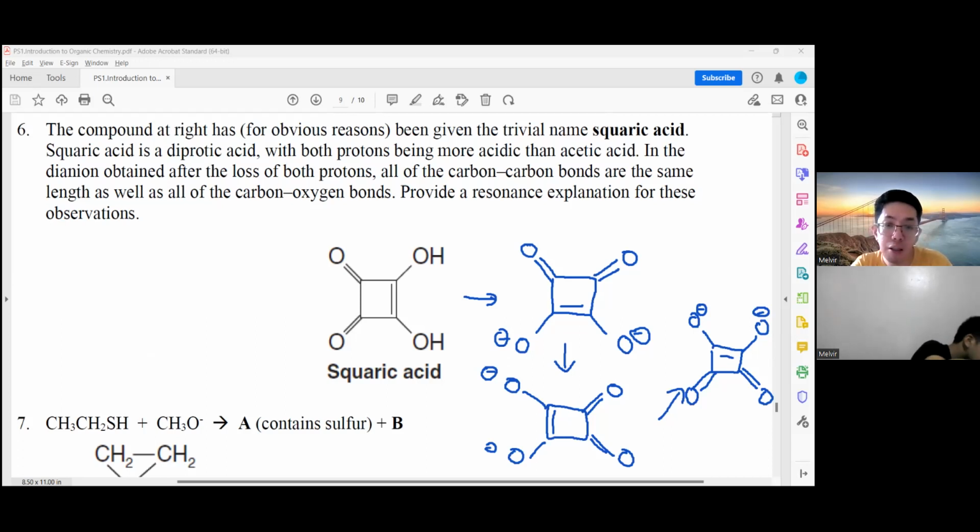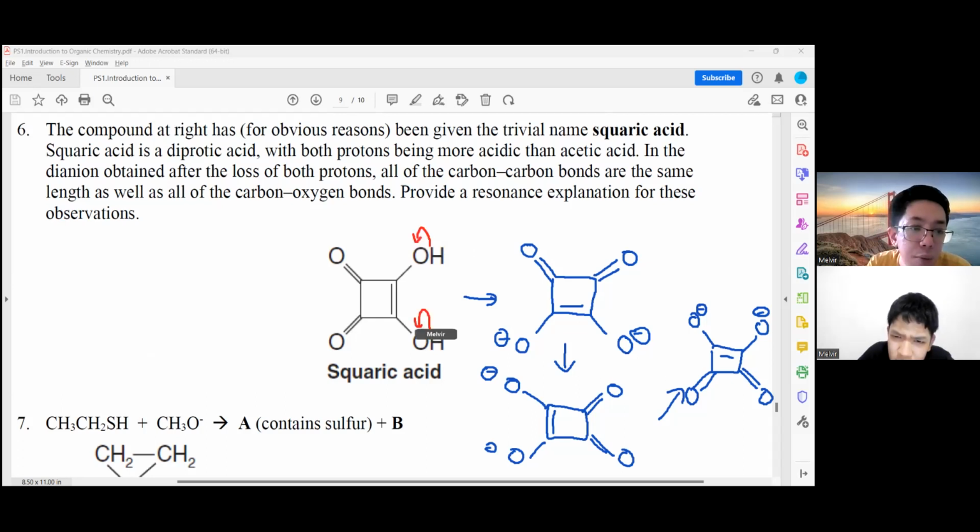Pakita mo yung arrow pushing kasi hindi ko naiintindihan 'yan kapag ganyan. Very important yung arrow pushing. Tsaka pakita mo kung ilang resonance structures ang mabubuo.